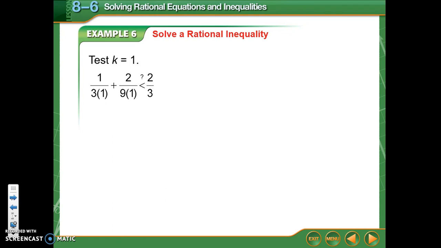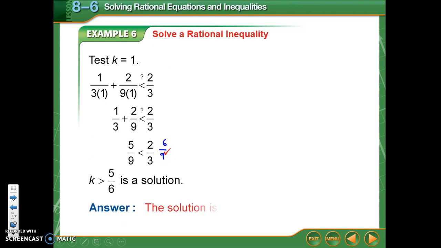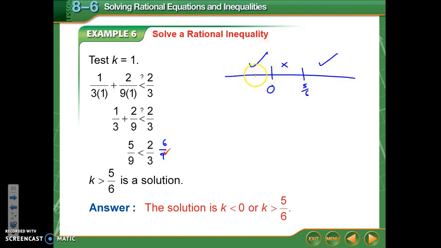Then last I test something larger than 5/6. 1 is the easiest one to try. 1/3 plus 2/9 turns out is 5/9, which is less than 2/3, because remember 2/3 is, oops, not 4/9, sorry, 6/9. So 5/9 is less than 6/9, so that is true. That means that my solution is less than 0 or greater than 5/6. So here below 0 I had things that were true, not true between 0 and 5/6, true greater than 5/6.